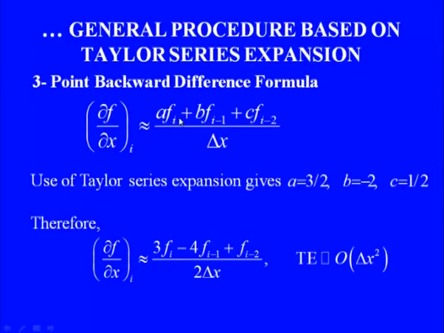So, a f I plus b f I minus 1 plus c f I minus 2, divided by delta x, should give us a difference approximation to the first order derivative del f over del x at i. Now, let us get the values of these coefficients by performing a simple Taylor series expansion.